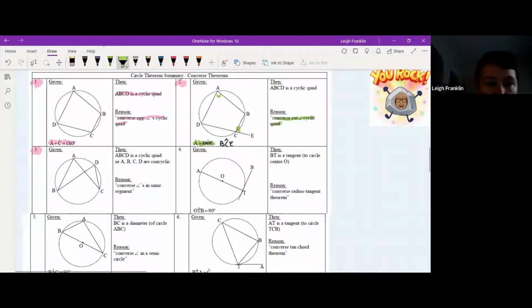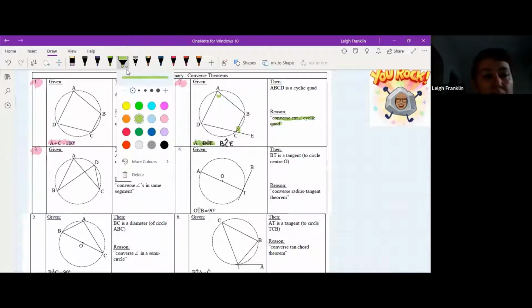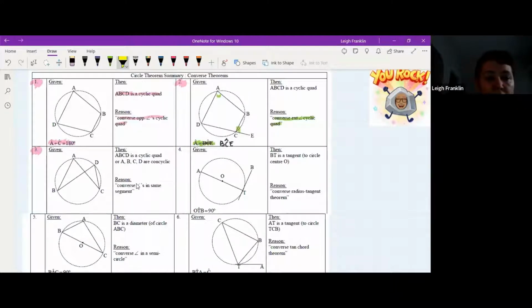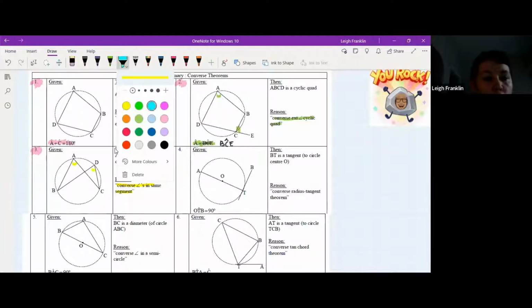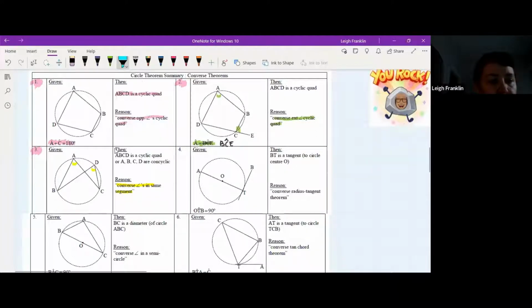And then the last way that we can prove that a quad is cyclic is if we are able to prove... Now, when we say here that ABCD is a cyclic quad or ABCD are concyclic, what we would need to prove for converse angles in the same segment is either that C and D are equal to one another, or that B and C are equal to one another.